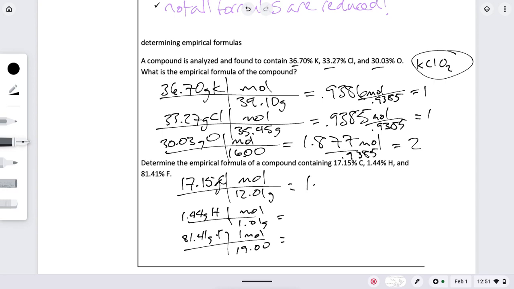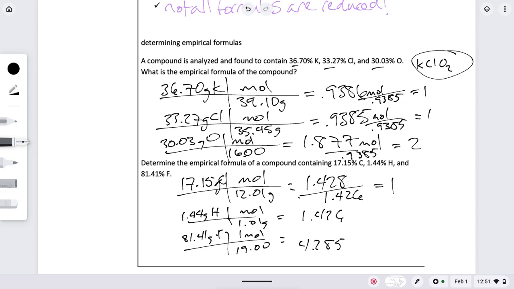And I'll get three answers here. And these are not nice answers. They're never going to be nice answers initially. So 1.428, 1.426, and then 4.285. But two of those things are very similar. So when I divide the 1.428 by 1.426, I'm going to get 1.